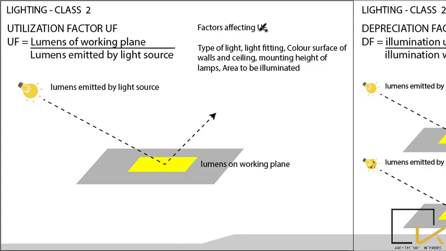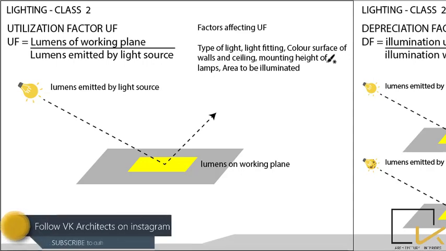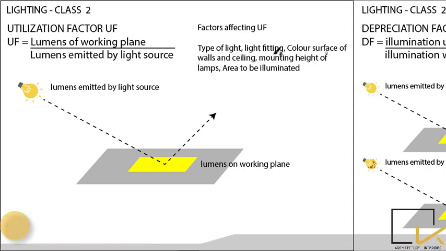The various factors affecting utilization factor are type of light fitting, color of surface of walls and ceilings. Some colors reflect bright light and some colors absorb light, so these colors also matter. Mounting height of lamps and area to be illuminated. So this was the first term, that is utilization factor.